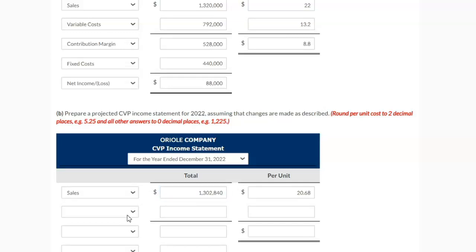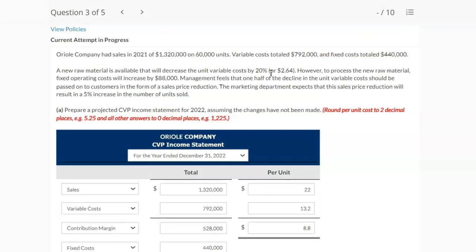Then go to the variable cost, did they change? Yes, the variable cost has decreased.